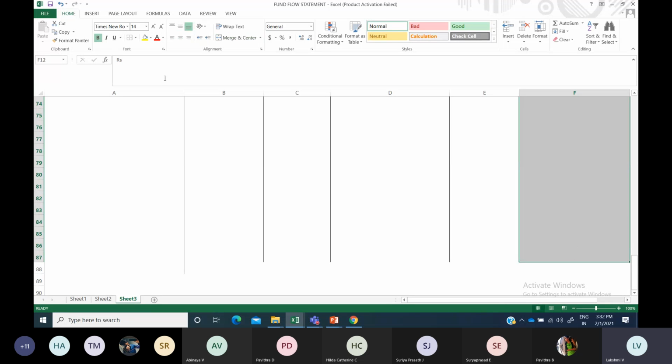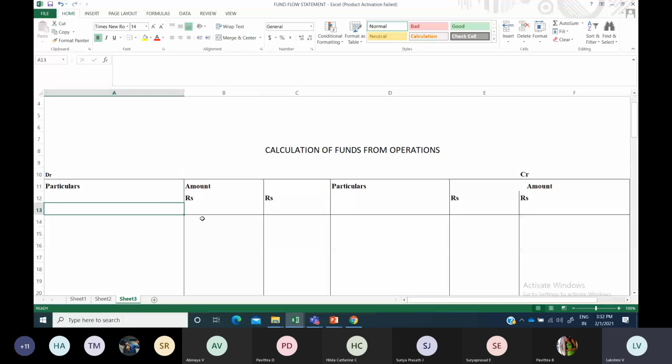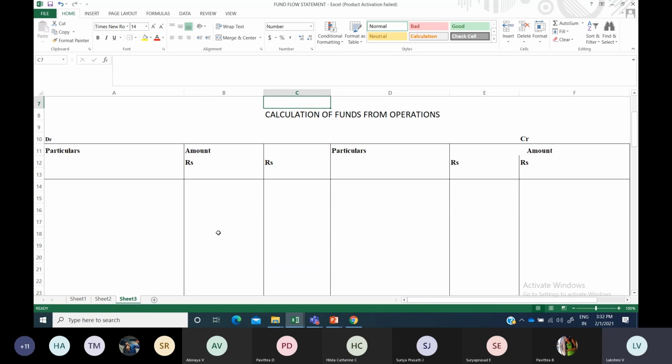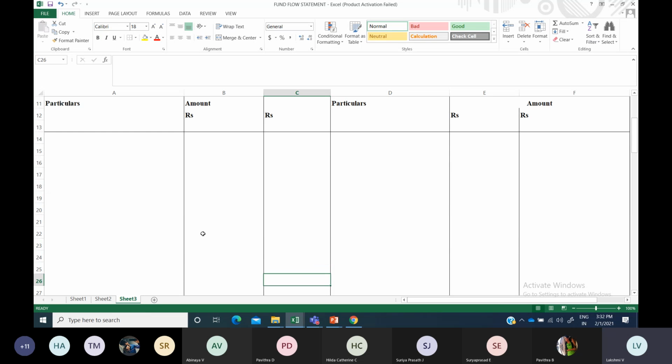Left hand side is for the debit side, right hand side is for the credit side. And then have an amount column. If there is any calculation, you do it in the inner column and show the final amount in the outer column. You don't have any date column, all those things.